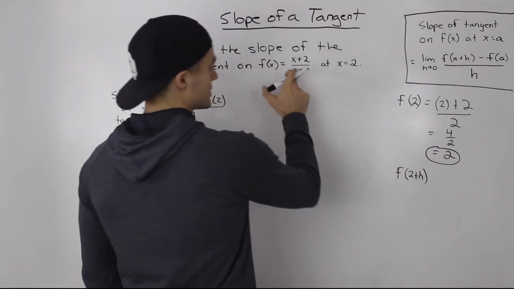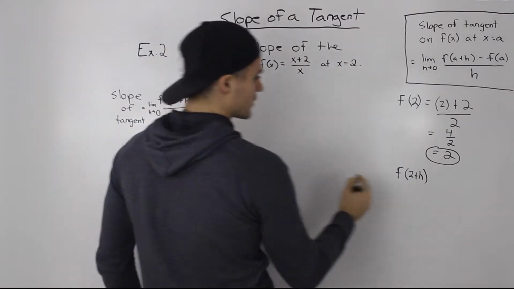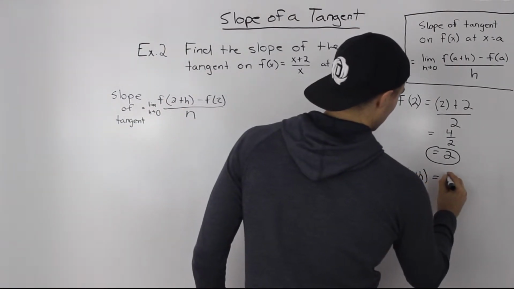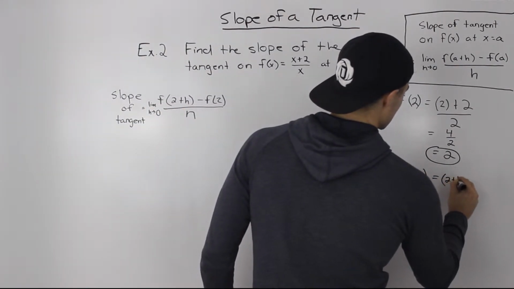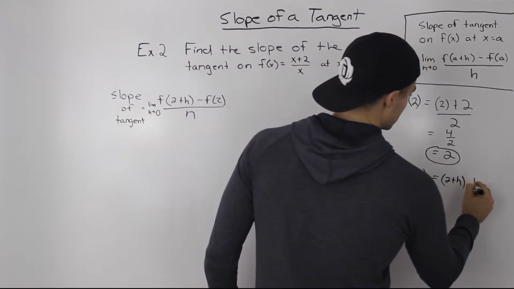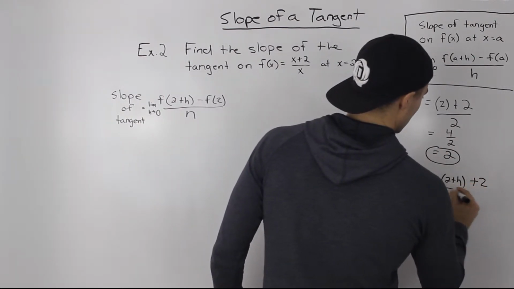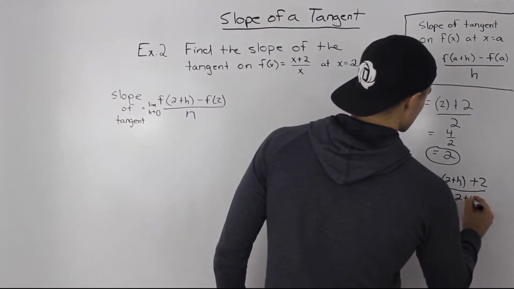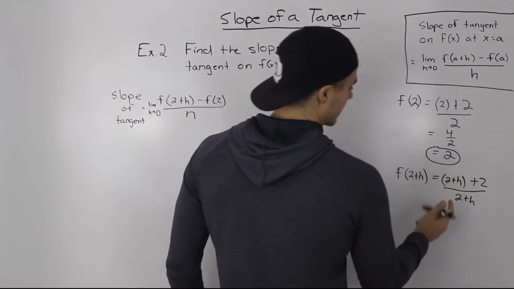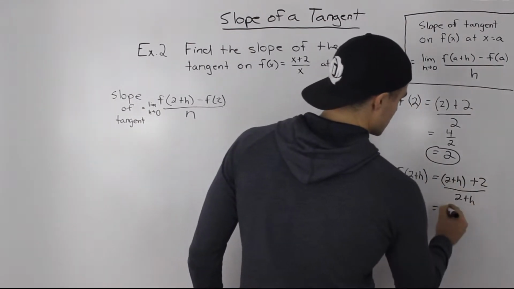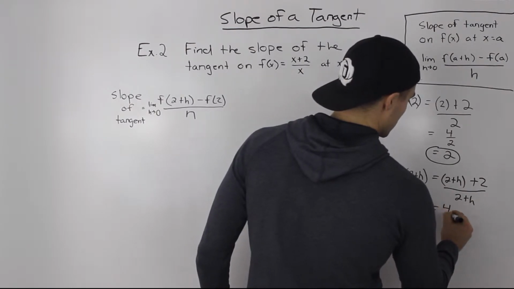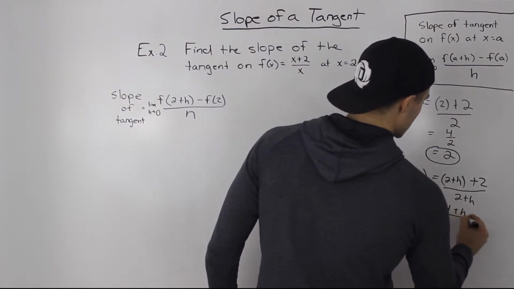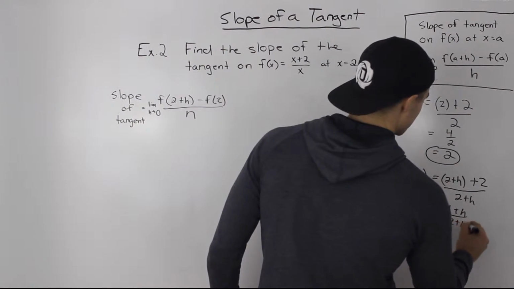So we're plugging in 2 plus h for x into our function, and we'll get 2 plus h plus 2 over 2 plus h. And we could add like terms in the numerator, 2 plus 2 is 4. So we end up with 4 plus h over 2 plus h.